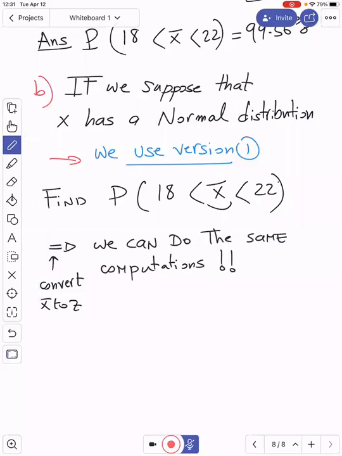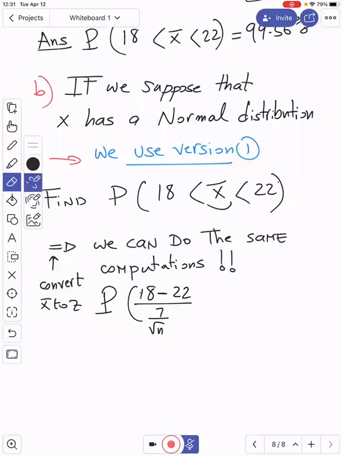So whenever you see X bar, it's always minus the mean over your standard deviation over square root of n. In this exercise, of course, it's square root of 100. So it's just the same computation, the same thing. You have your Z here.